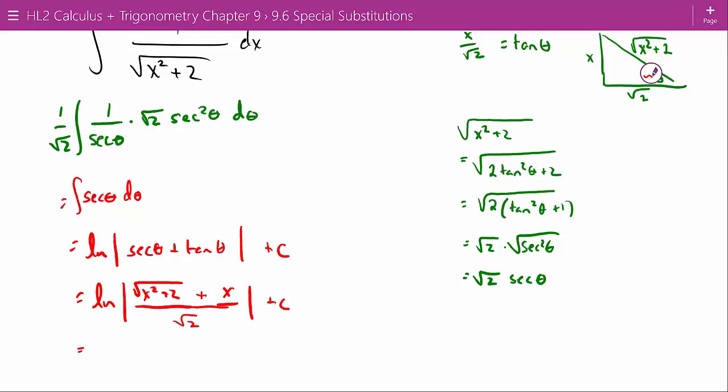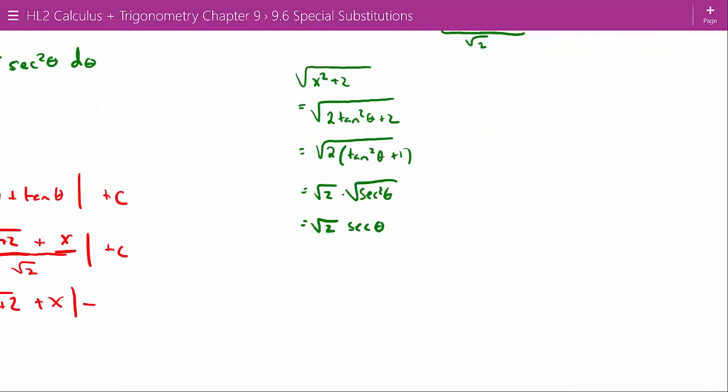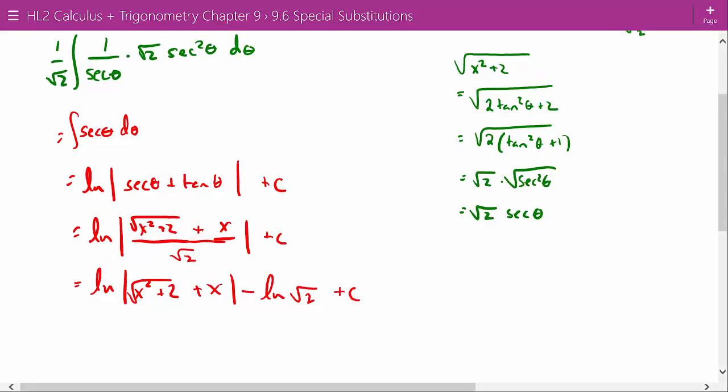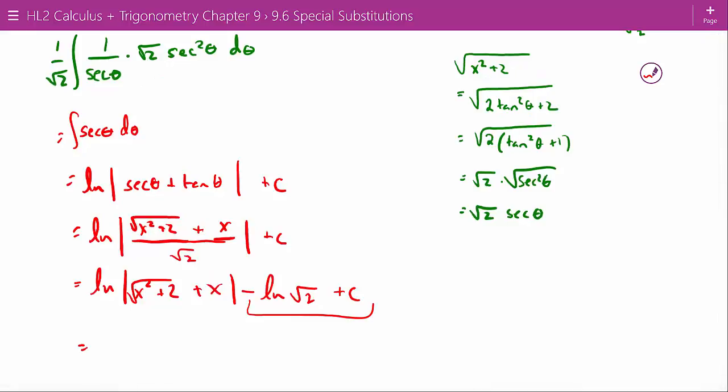And again, we can use properties of logs. Natural log x squared plus 2 under the radical plus x minus natural log square root 2 plus c, and this whole part again is a constant. So our finished antiderivative is natural log of absolute value root x squared plus 2 plus x plus some constant, I'll call it d, and there we go.